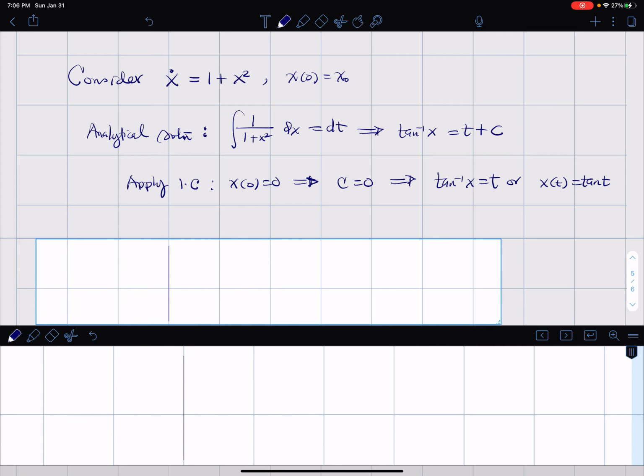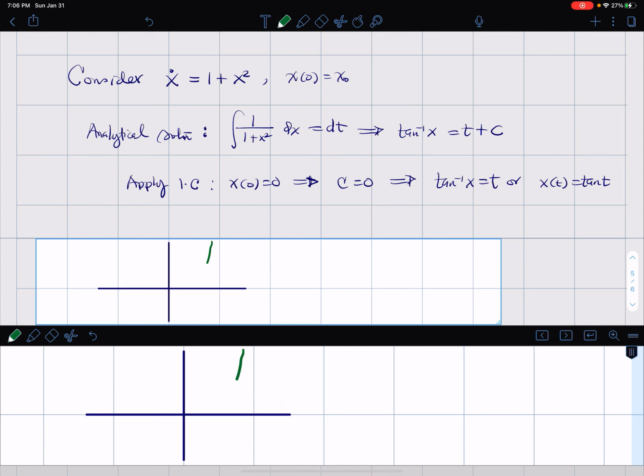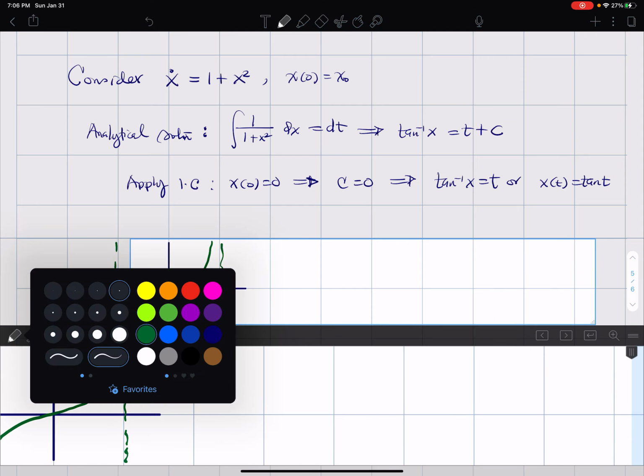So let's see. All right. So there is a vertical asymptote at pi over 2 and negative pi over 2.